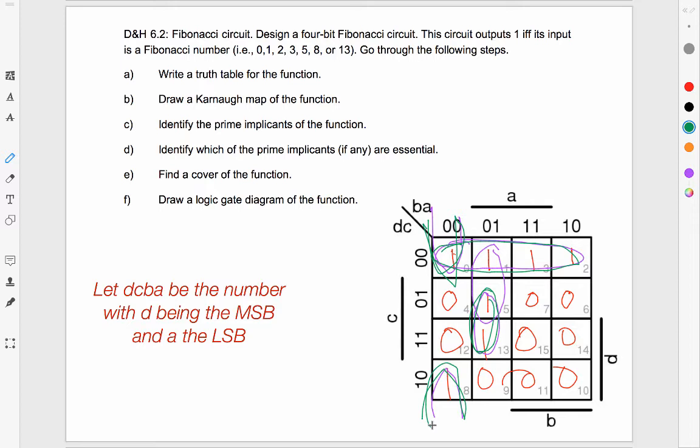How many implicants are there? 15, yeah.